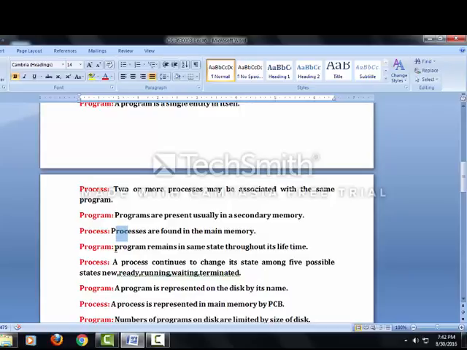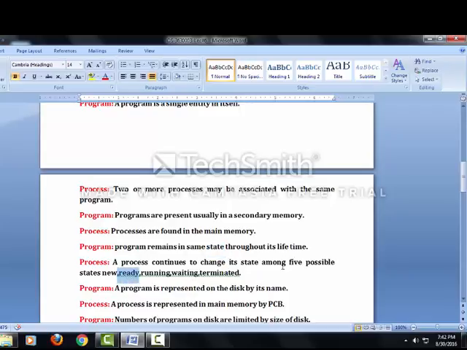Next difference: a program remains in the same state throughout its lifetime. Once you create a program, it is stored on the hard disk, and throughout its entire lifetime it does not change state. It always remains in the same state, whereas a process may vary among one of five states.